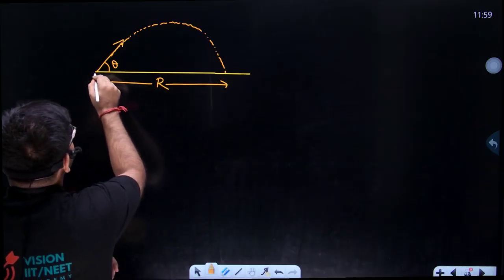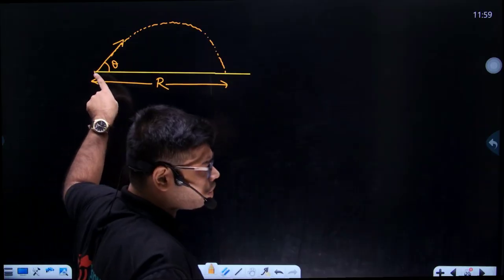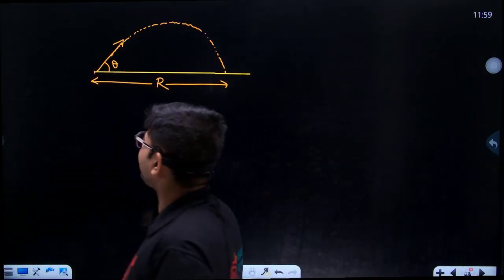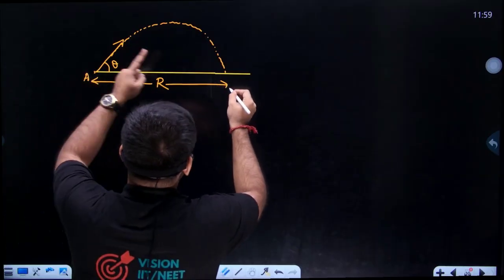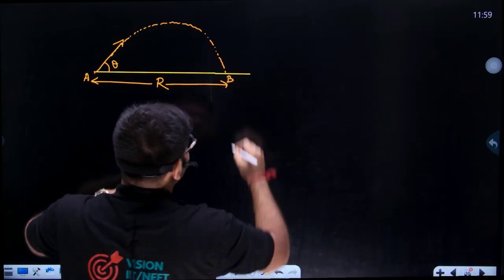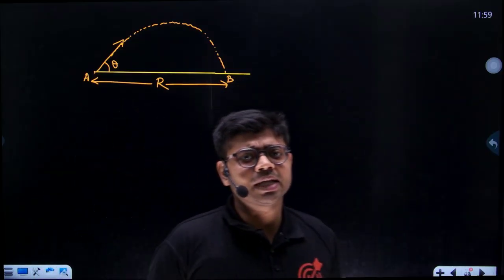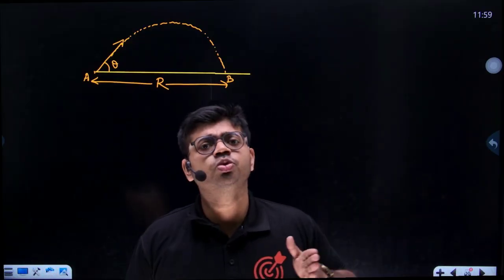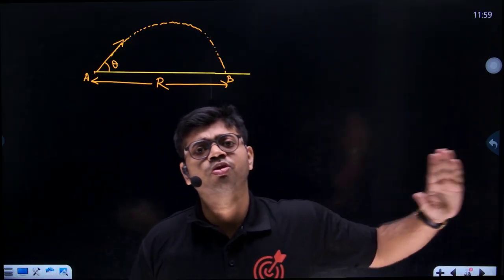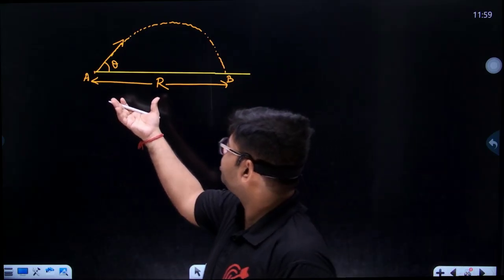Say for example, you have thrown an object from point A, and the object is falling at point B. So the range is nothing but AB. AB is my range, कितना दूरी the object has moved, है ना? तो उसको हम लोग range बोलेंगे.